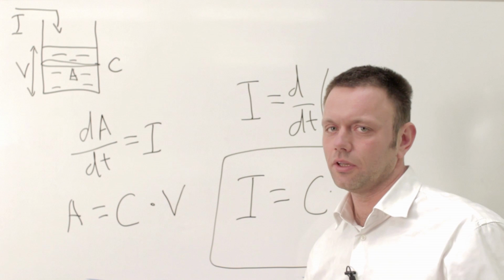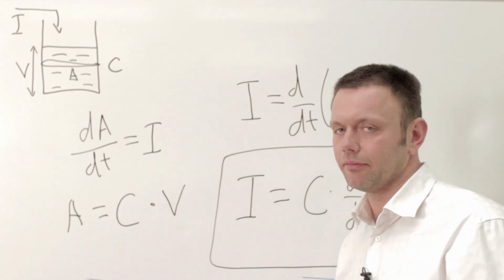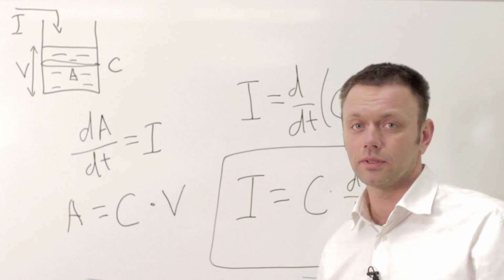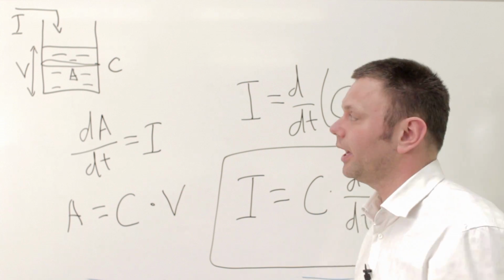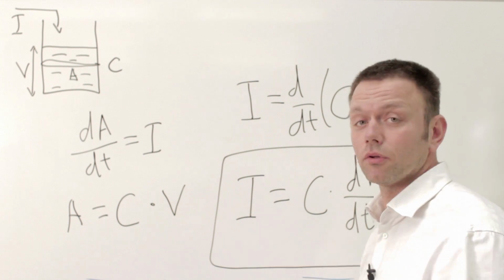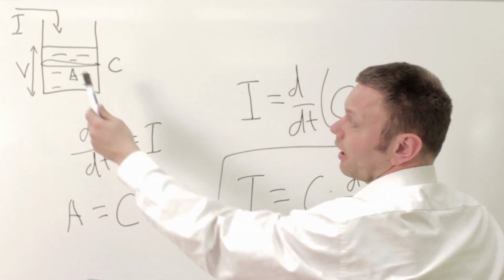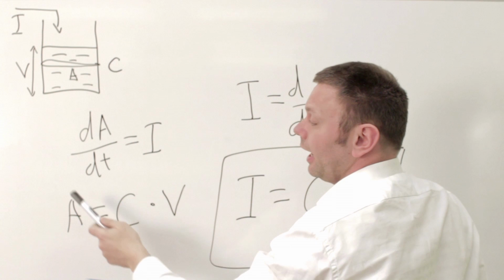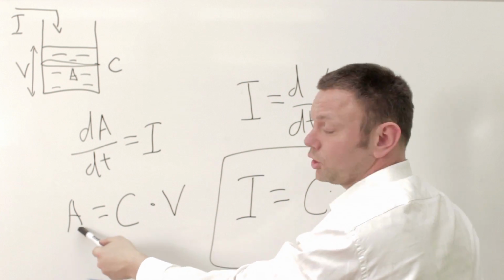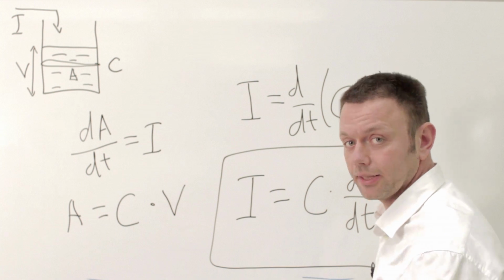So how does this actually relate to a capacitor? Well, actually, in the case of a capacitor, we again have inflow, not this time of water, but of charge. And we have equivalent of a volume, which is actually the amount of charge deposited on the plates of the capacitor. So again, we have I, but this time it's a current. And our new A, which used to be the amount of water, is the amount of charge on the capacitor plates.